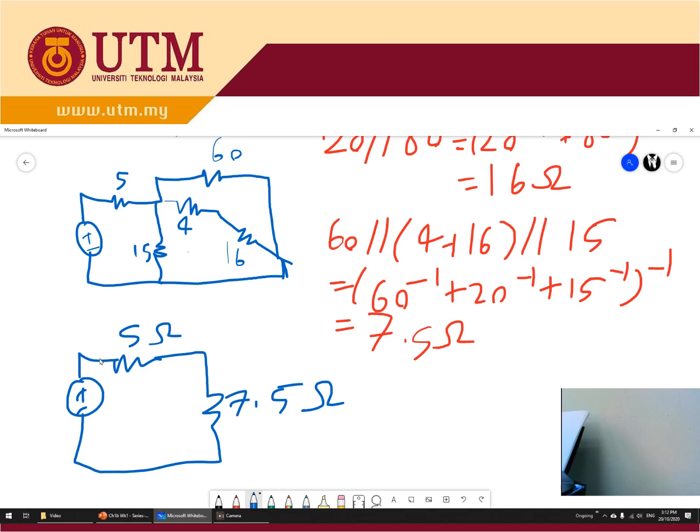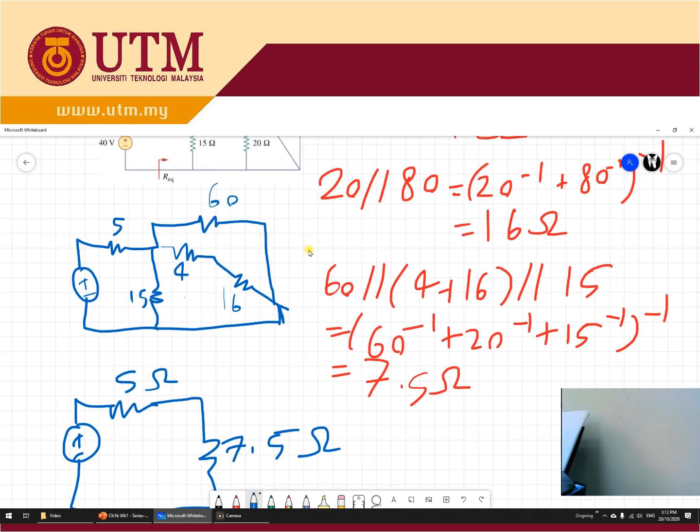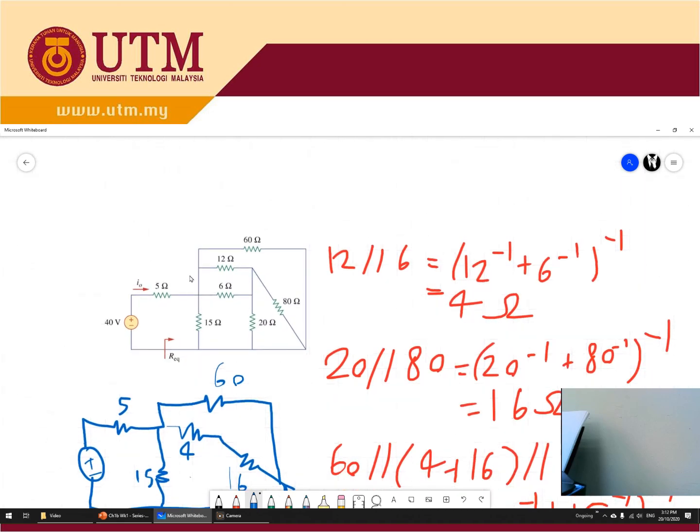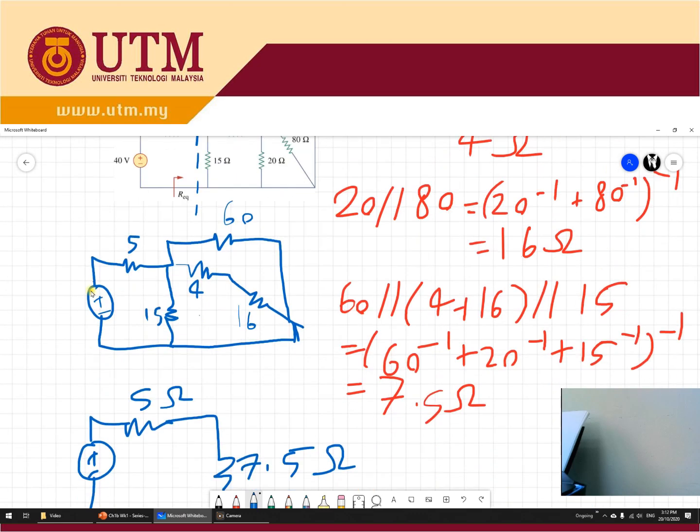Okay, this one you have to be careful. You look here, R equivalent is considered after this. So the 5 is not included in the R equivalent, so you have to be careful. You can lose marks because of the simple thing.